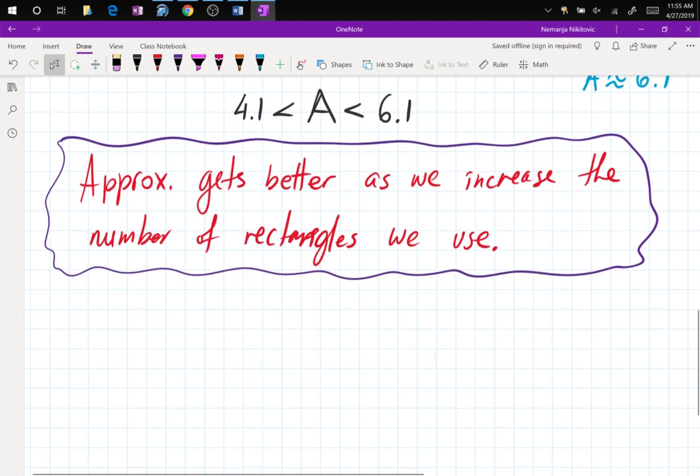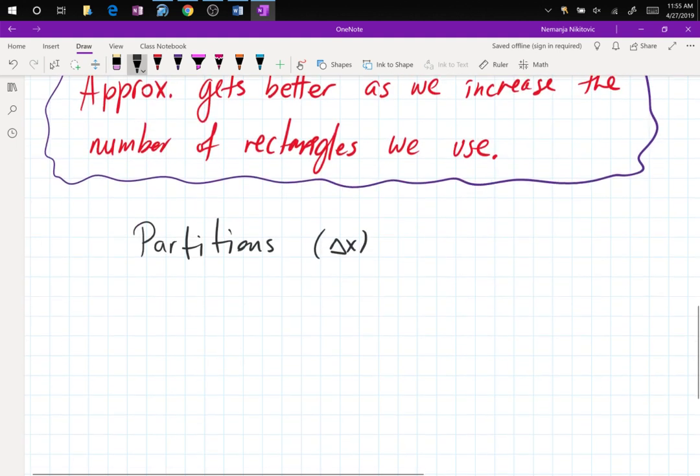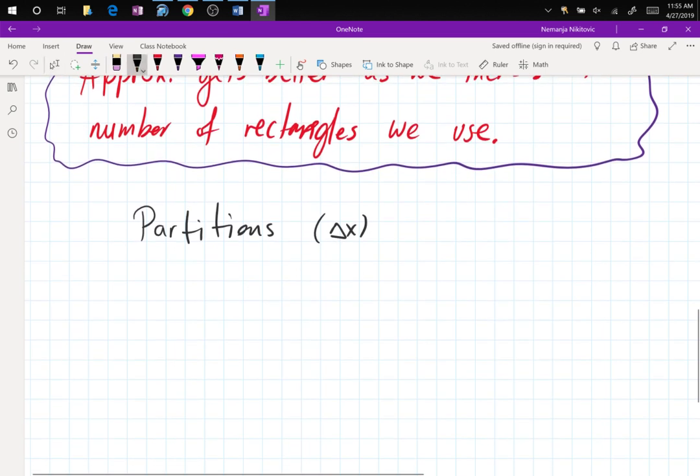So now I want to talk a little bit about these partitions, which involve delta x, right? So let the interval be, let's say, 0 to 6 with n equals 5.